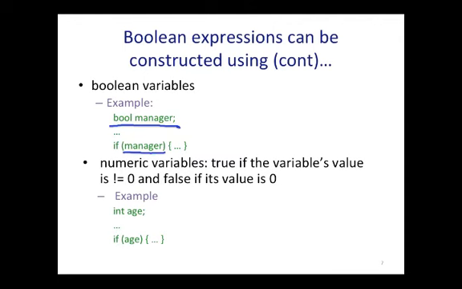And while this isn't particularly good form, you should be aware that you can use numeric variables simply because a non-zero numeric value will evaluate to true, and a numeric value that is 0 will evaluate to false. So here, if age was 70, the expression is true. If age is 0, it's false.